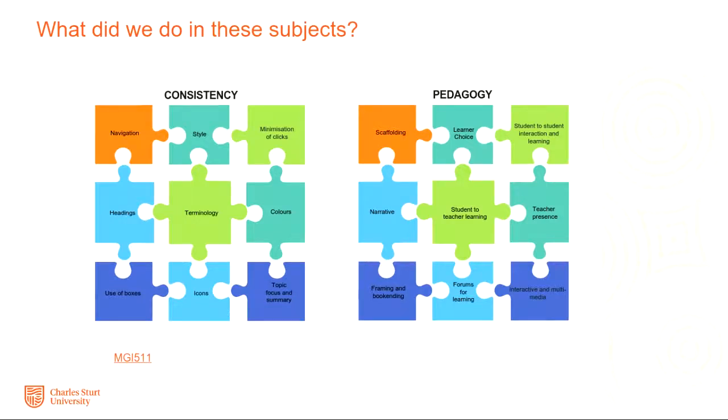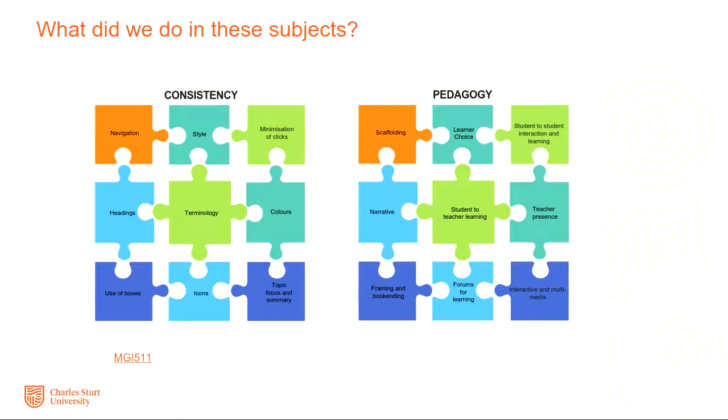We narrowed down a color palette, terminology, use of verbs, use of boxes, and consistent icons. That's the really basic, fundamental user interface piece on the left, and it was really important. Then on the right are the pedagogical pieces, some of which lend themselves specifically to an online environment, and some of which are just good pedagogy.